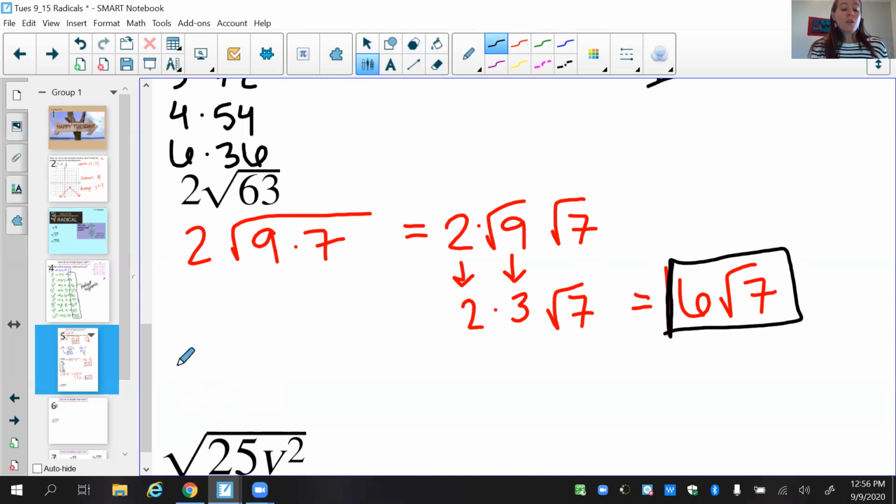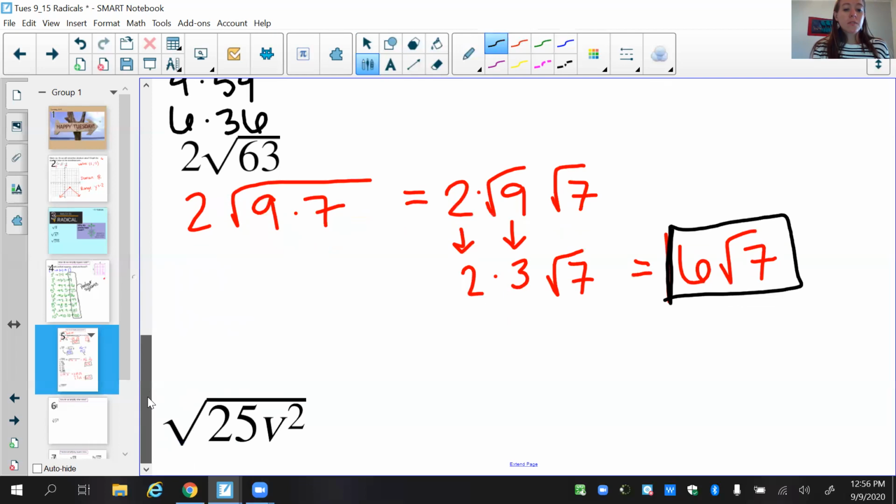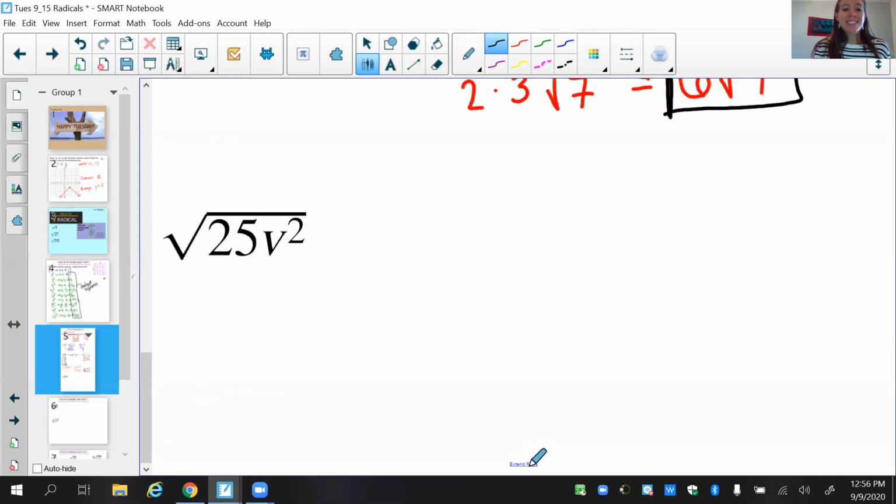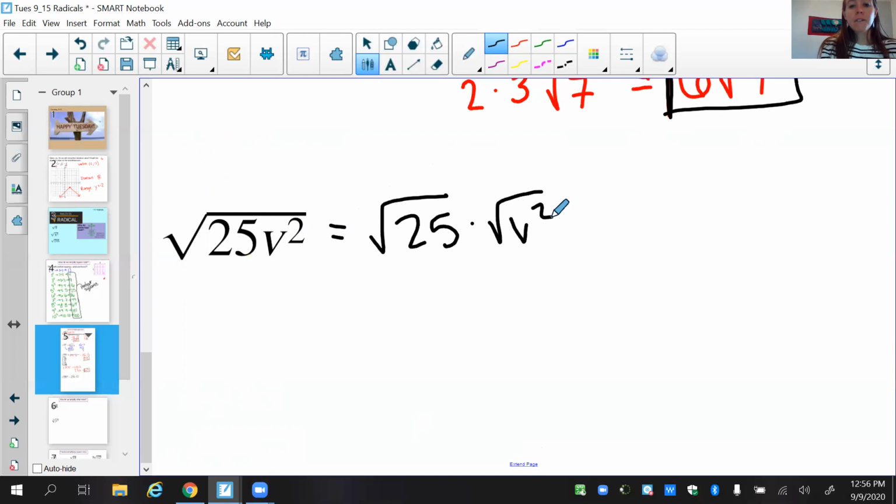Okay, we're going to do one more together, and then I'm going to let you practice. So we have this square root here. So I have a variable and a number. Whenever we're doing these square roots, we're really thinking of these as individual problems. Okay, so I can split them apart.